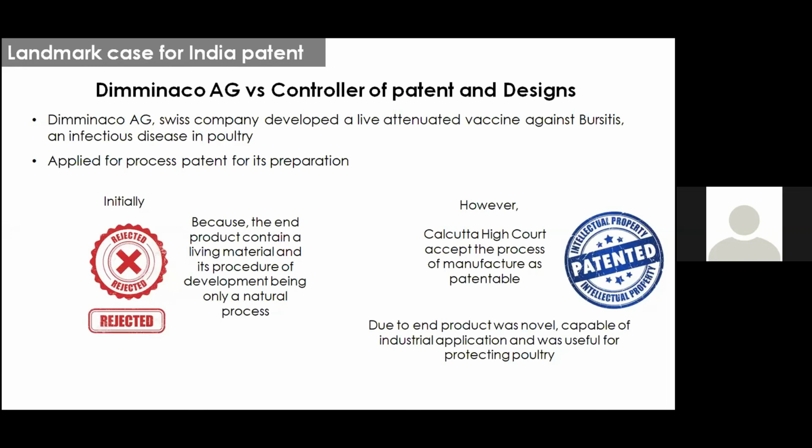So as I said in the past, depending on the definition of novelty or the patent, the verdict was in favor of the Swiss company, and the patent was given. So these were two cases regarding microorganisms and patents, which are worldwide known.